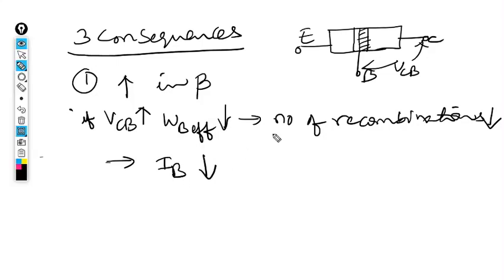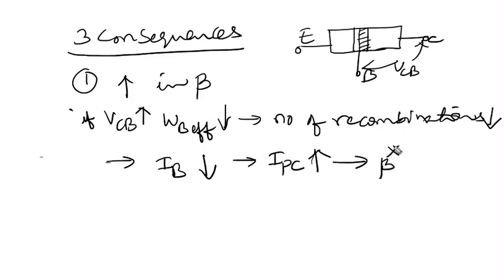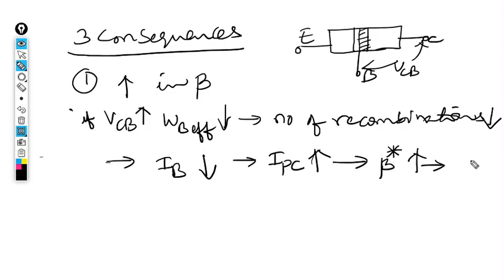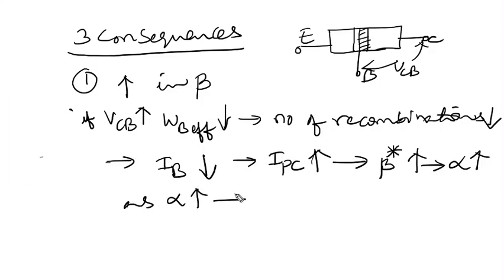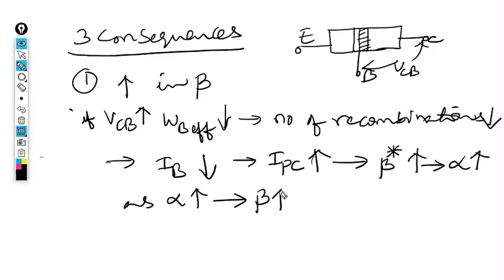As IB decreases, IPC increases. As IPC increases, beta star, that means the transport factor, increases. As the transport factor increases, alpha increases. As alpha increases, beta increases.